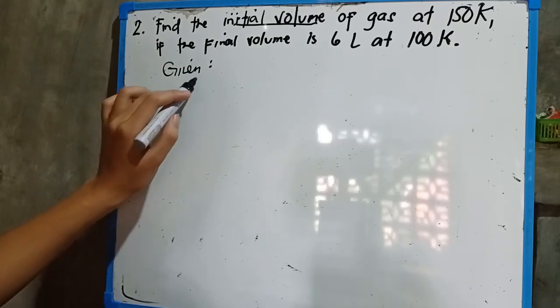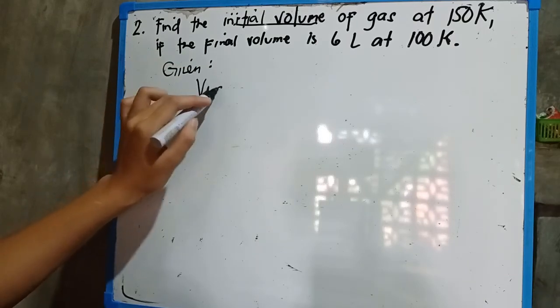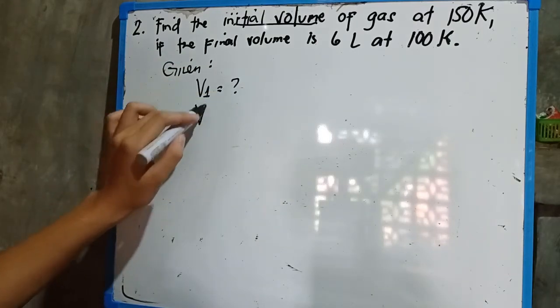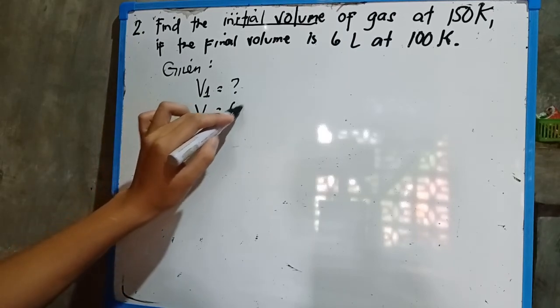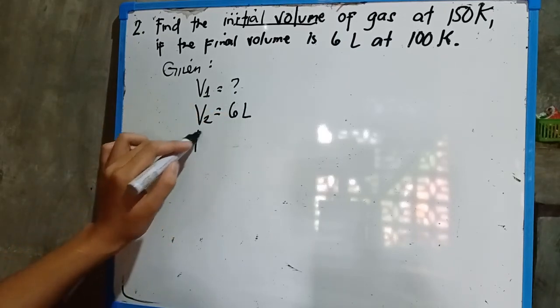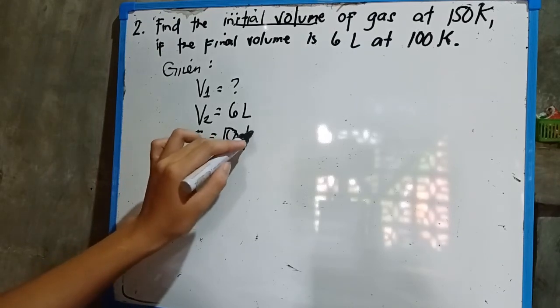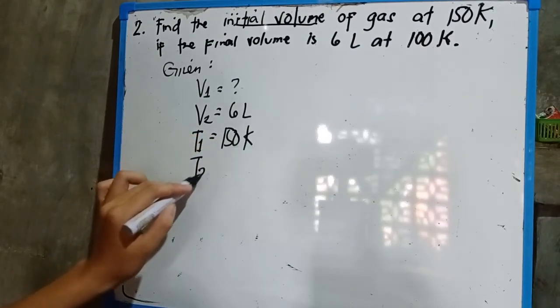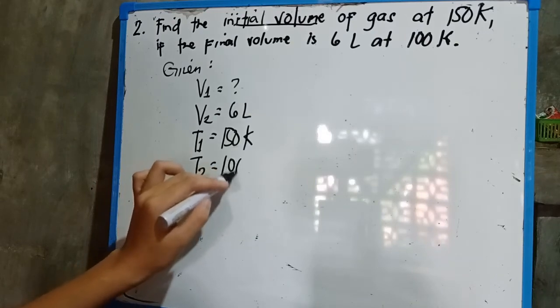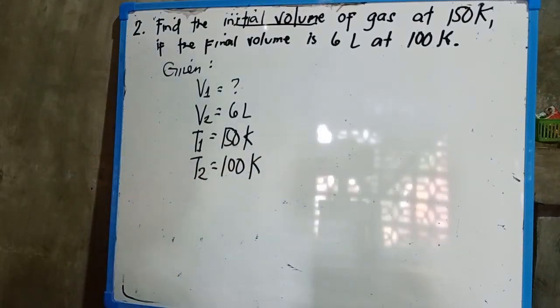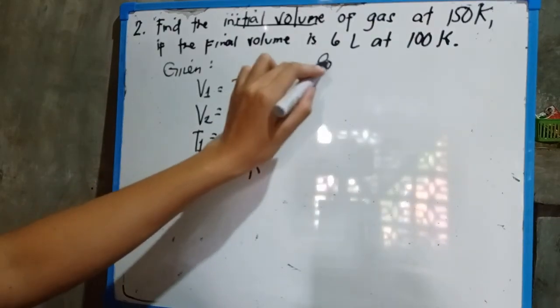Our initial volume is unknown, our final volume is 6 liters, our final temperature is 150 K, and our initial temperature is 100 Kelvin.